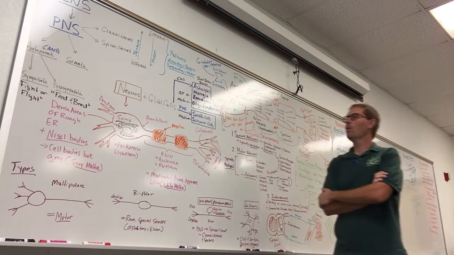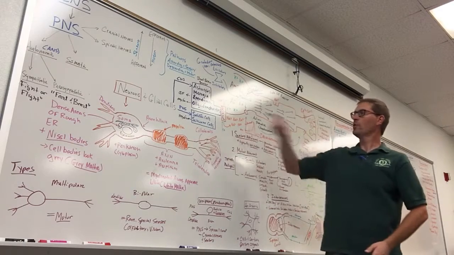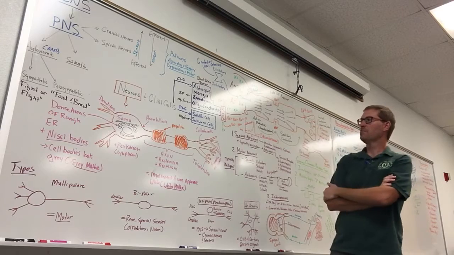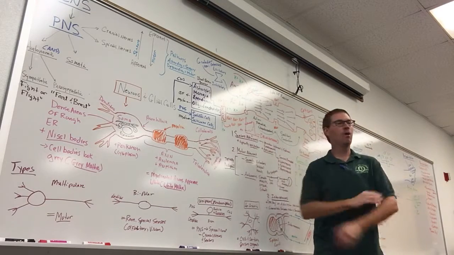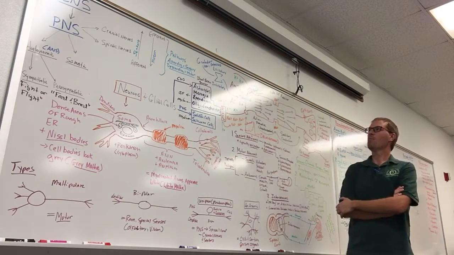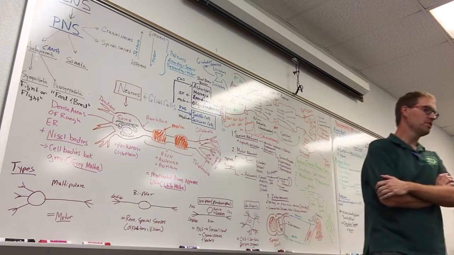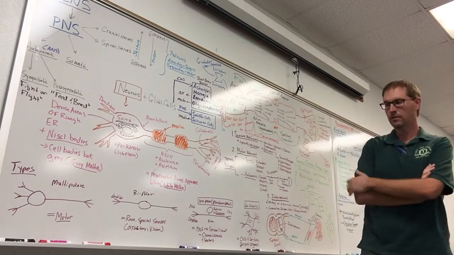So neurons have the sodium-potassium pump in their membrane, and that pump actively transports sodium out of the cell and potassium in. Within the cell, you also have negatively charged anionic proteins.